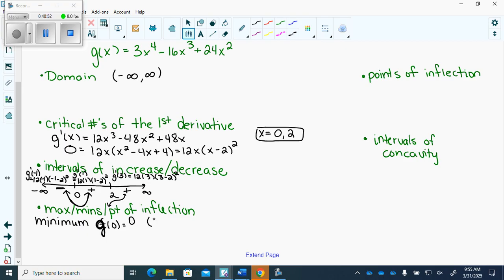So we have a minimum at (0, 0), and we have a point of inflection at g of 2. What's g of 2 equal to? 8? 16? How did I hear 8? (2, 16).